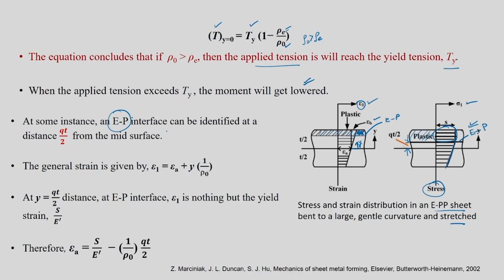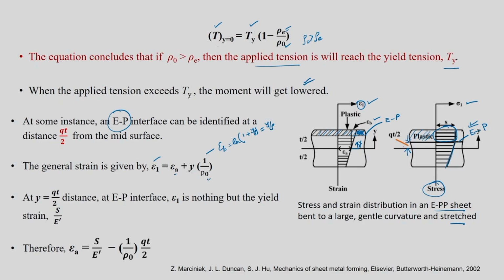So, now in general strain can be written as epsilon 1 is nothing but epsilon A plus epsilon B. Epsilon B is nothing but ln of 1 plus y by rho, which is nothing but y by rho only, which we discussed before itself. So, it is epsilon A plus y into 1 by rho naught. Okay.